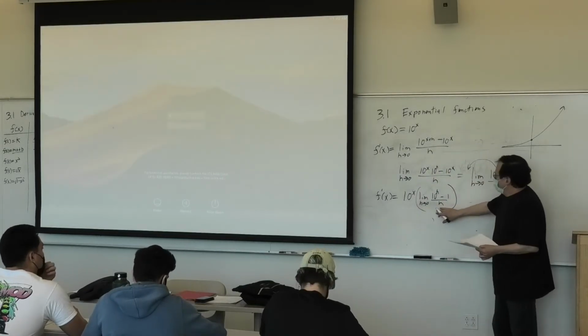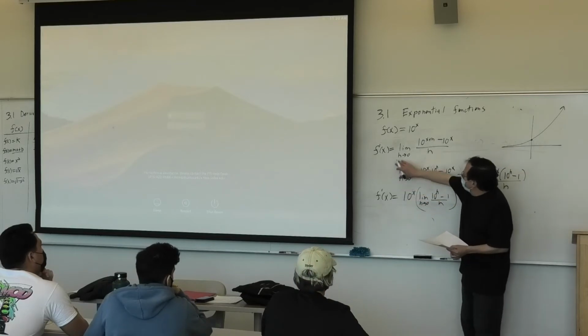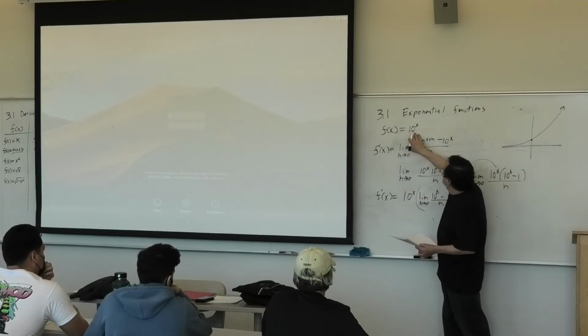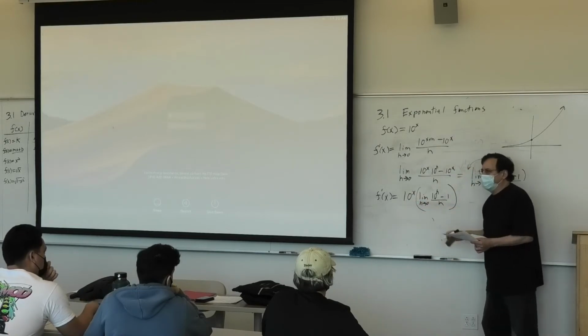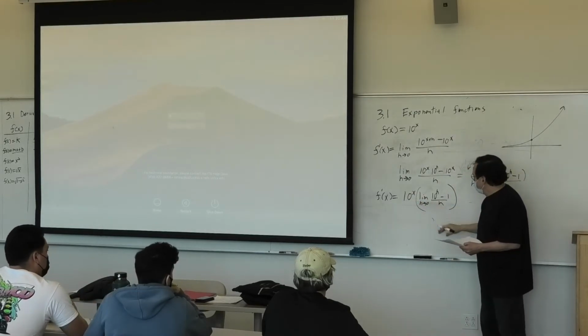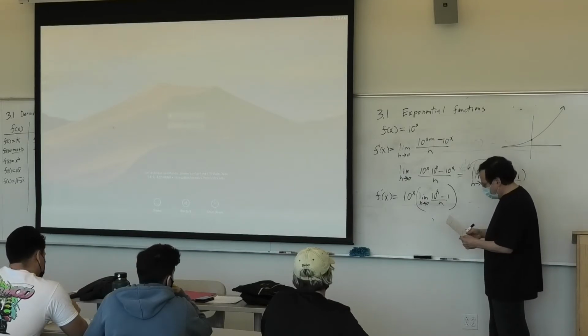I guess this is pretty easy, right? F of x is 10 to the x, and the derivative is just 10 to the x times, it looks like some kind of constant here. So we just have to get a handle on what that constant is.